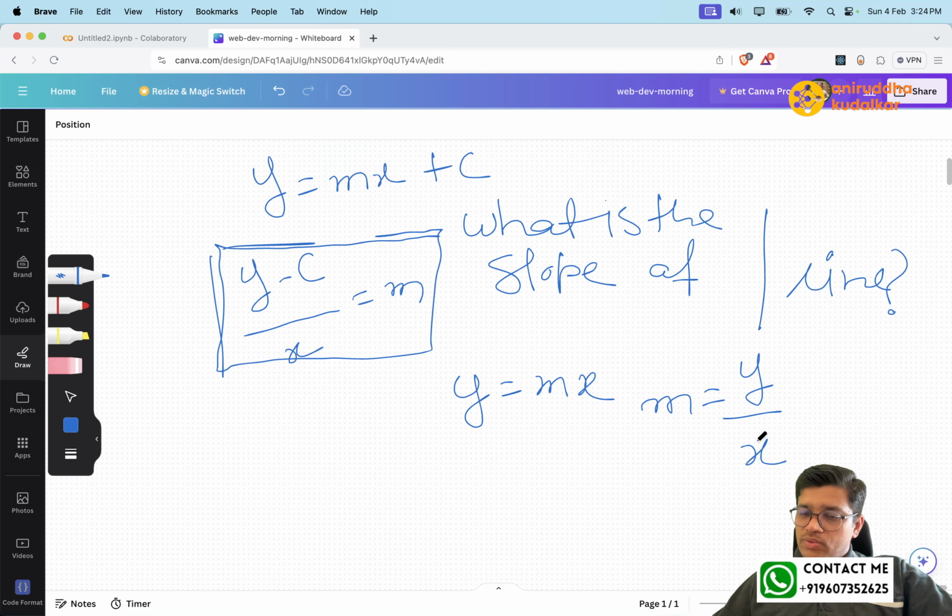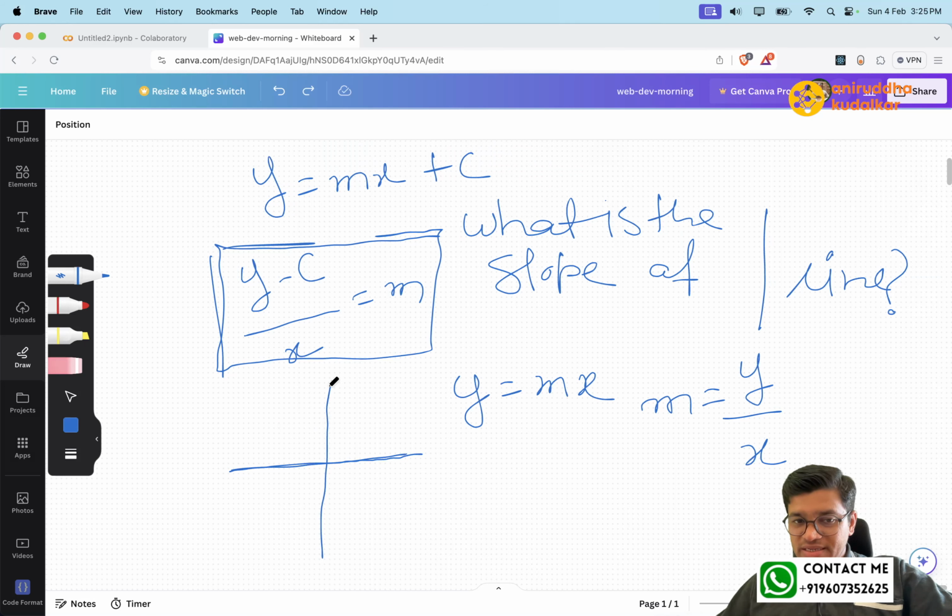Now vertical line means what? Whose x is 0. What do you mean by vertical line? If this is the axis, a horizontal line, the one just passing through here, is a line that has just a y value.